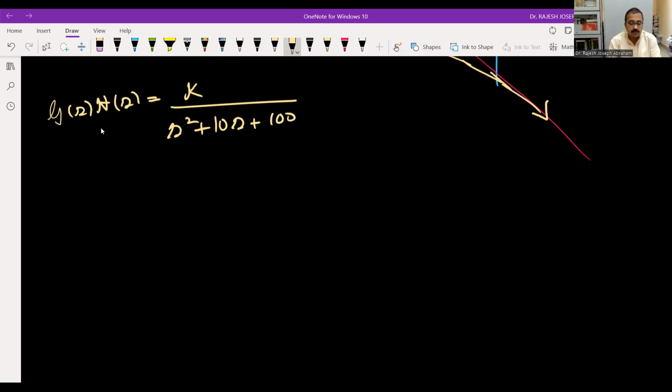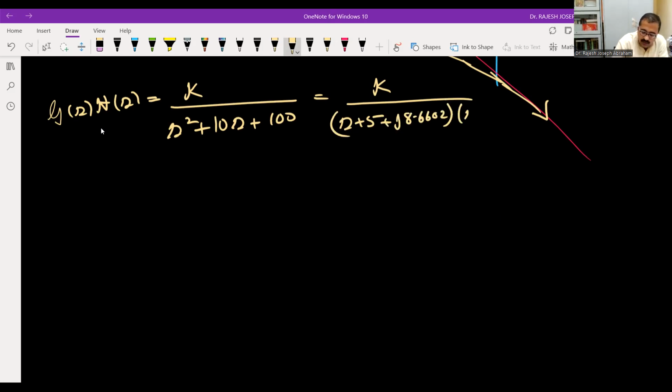So where are the closed two poles? You factor this thing, you will get (s plus 5 plus j 8.6602) into (s plus 5 minus j 8.6602).